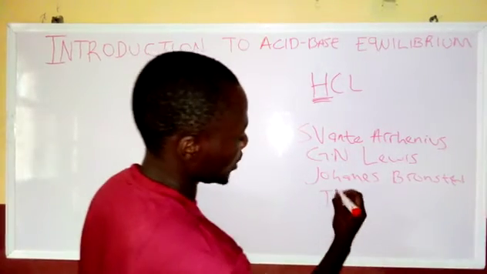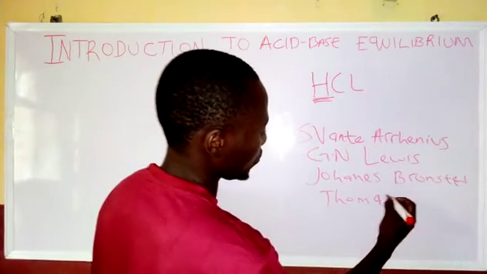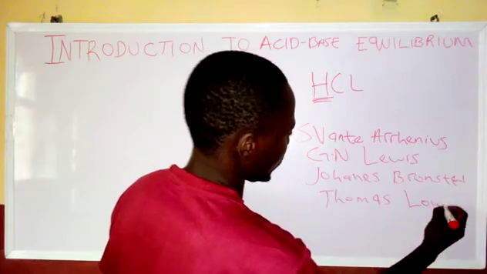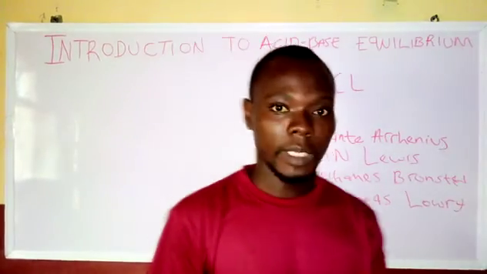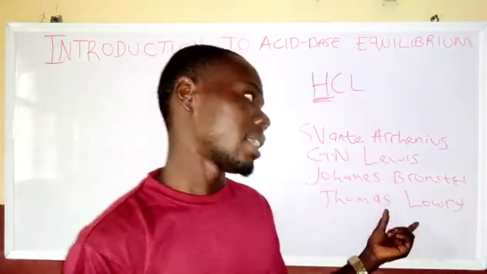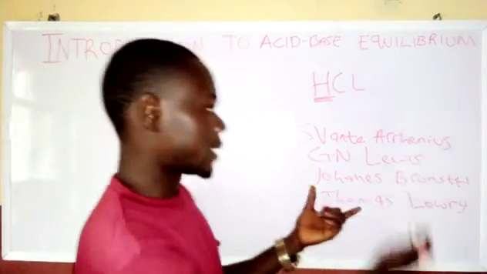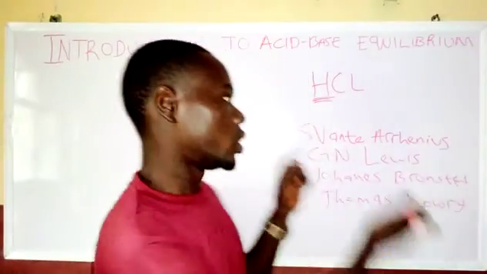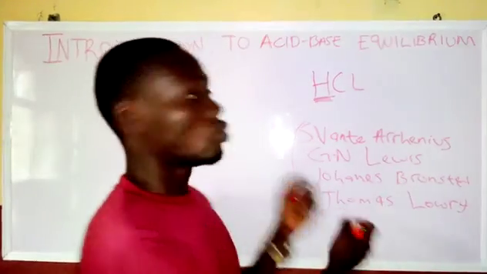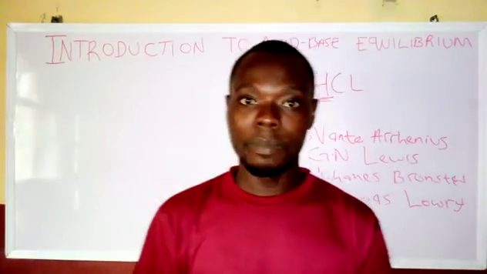Another one is Thomas Lowry. They all proposed their own theories of acids and bases. We'll be examining them in our next video: what is the contribution of each of these scientists to identifying what an acid and a base is?